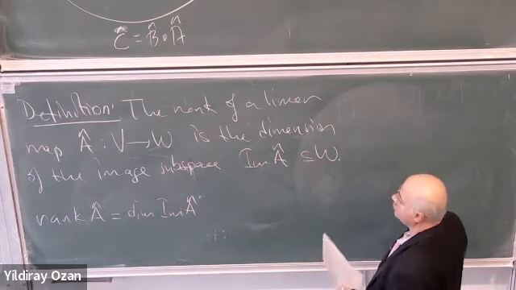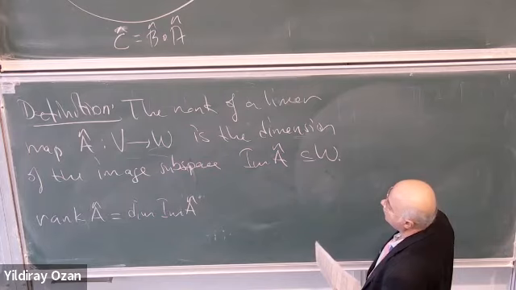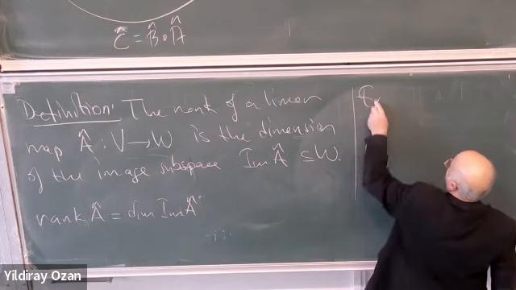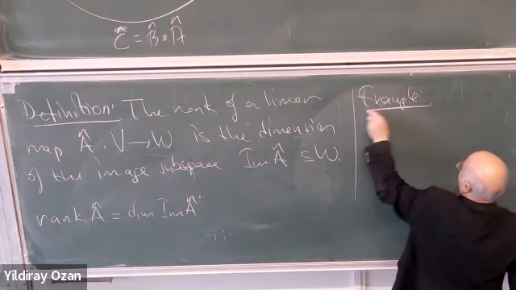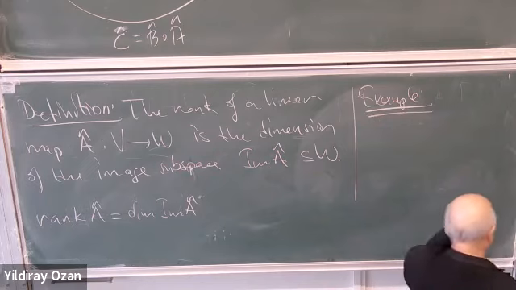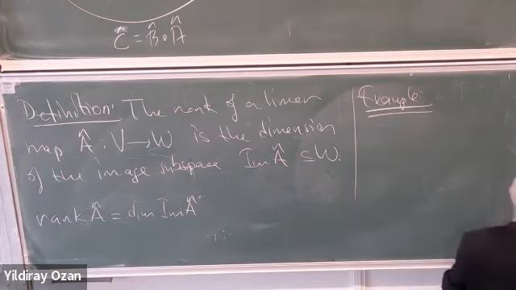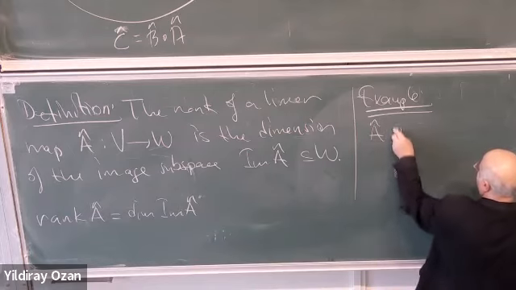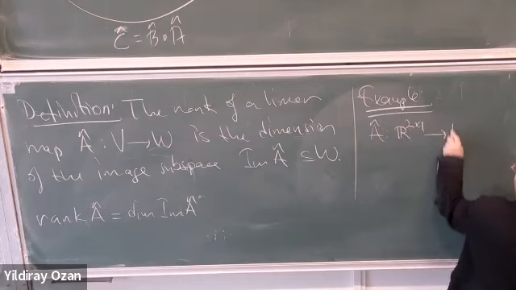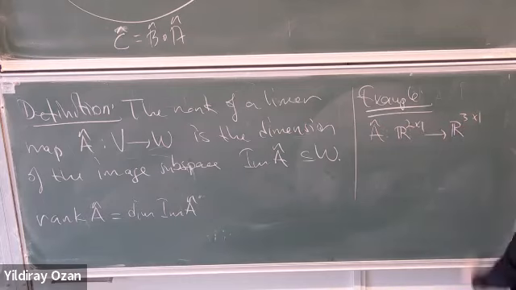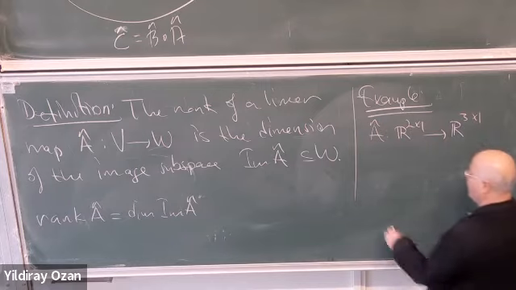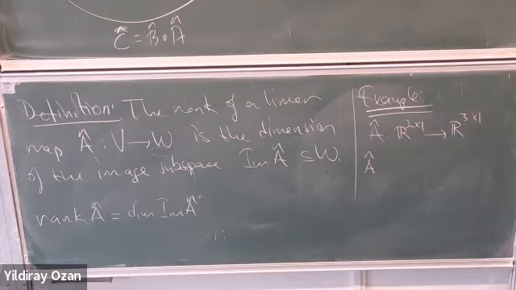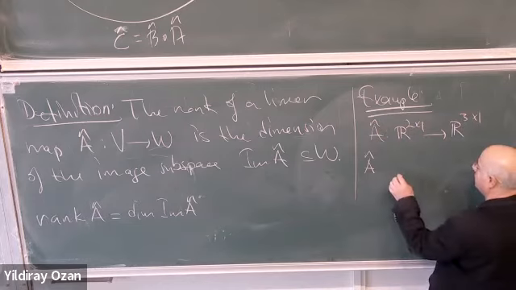Let's do one example. Let's say A hat is a linear map from R2 into R3, and suppose it is given by this rule.